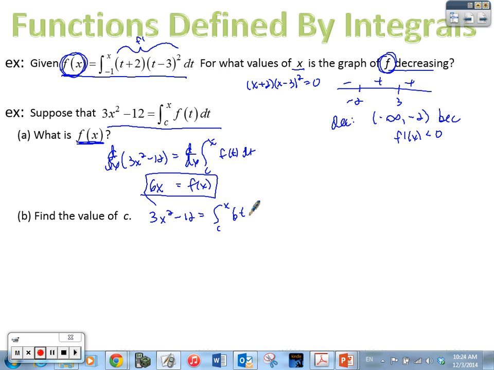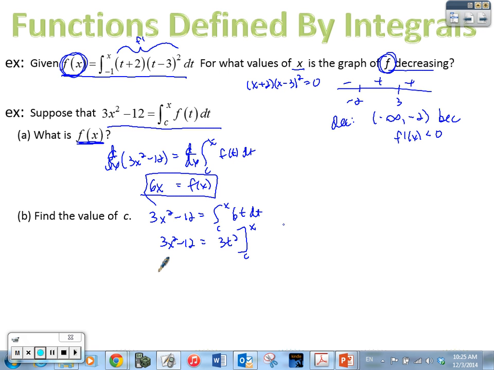So 6t dt. All right. The left side, we're really not sure what's going on there, so we're just going to leave that alone for the moment. But we can do the integration on the right side. The antiderivative of 6t would be 3t squared, evaluated from c to x.